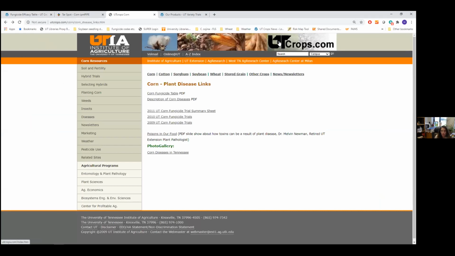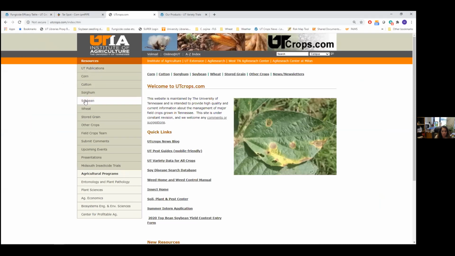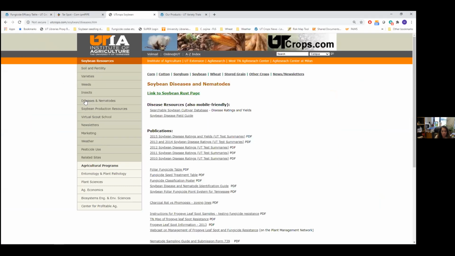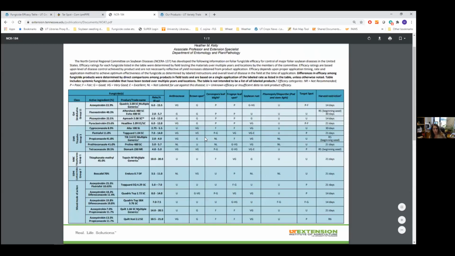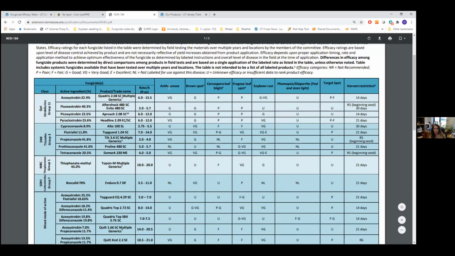So again, if you start at utcrops.com, you go to the soybean and the disease and nematodes, and we have our foliar fungicide efficacy table. And again, just as with the corn fungicide efficacy table, you have your different diseases listed across the top, and then you have your different products listed down across the left of the table, organized by their fungicide class.